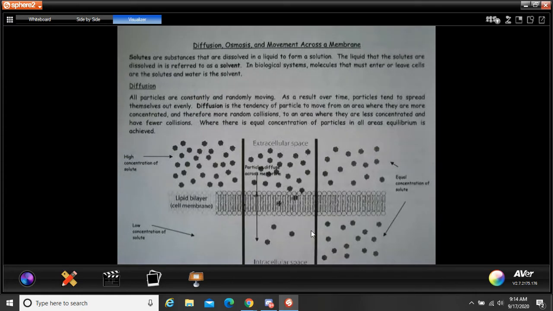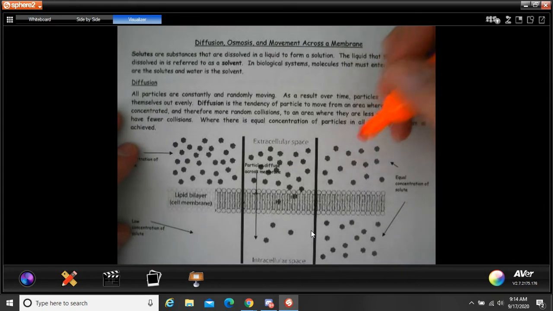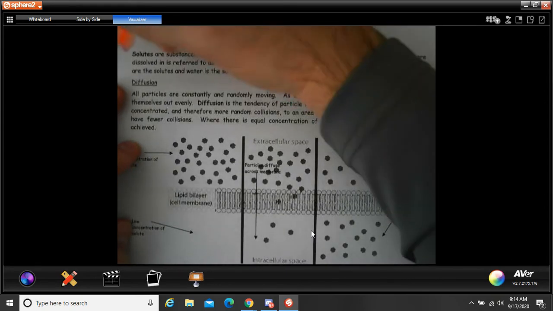So we're going to go through some basic components of a solution, and they are listed here for you, but we'll highlight what they are. Solutes are things that are dissolved in, usually, a liquid. It doesn't have to be, but generally it's going to be a liquid. So solutes are the things that get dissolved.